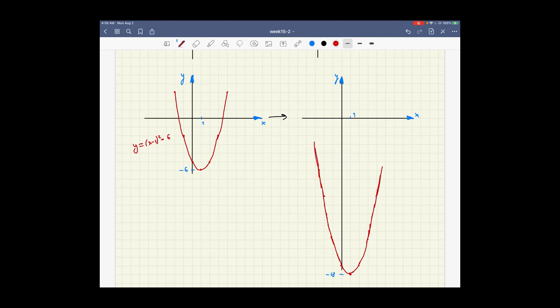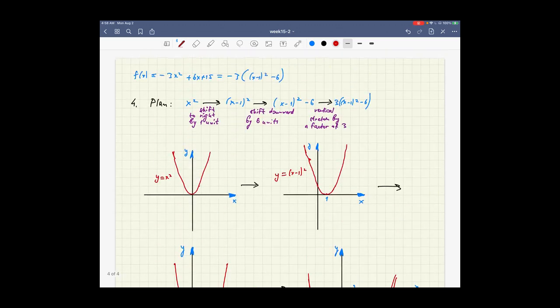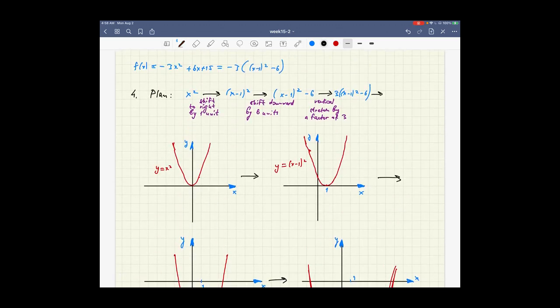And we can continue here, whatever that parabola looks like, and that is again 3 times x minus 1 squared minus 6. And when I finally put the minus in front of this parabola, it'll be negative 3 times that. Of course, we know this will correspond to a symmetric flip over the x-axis.